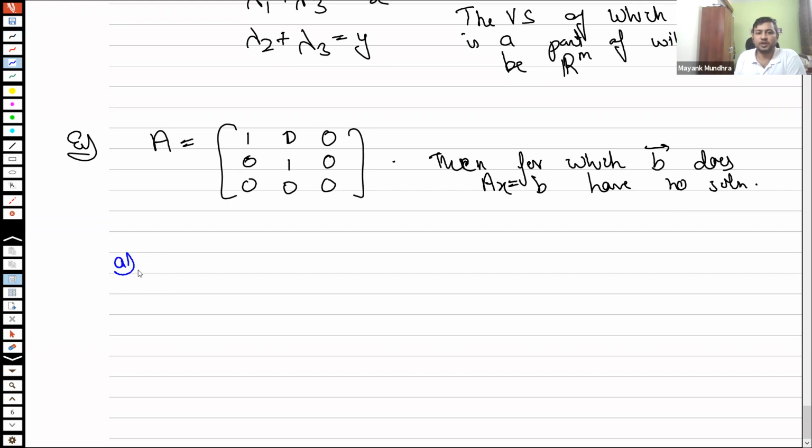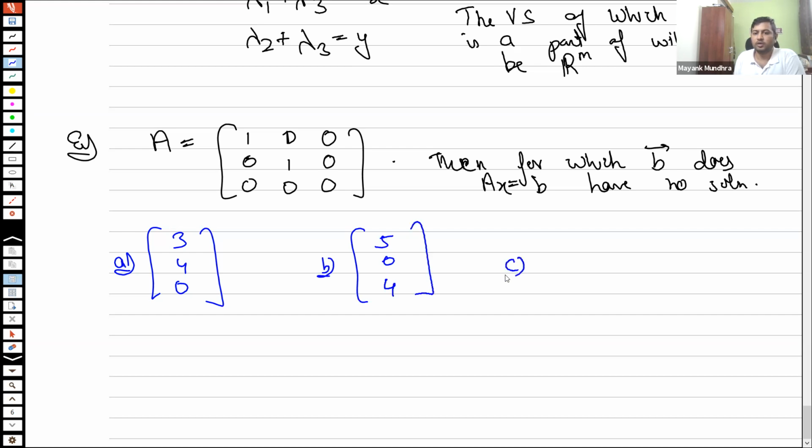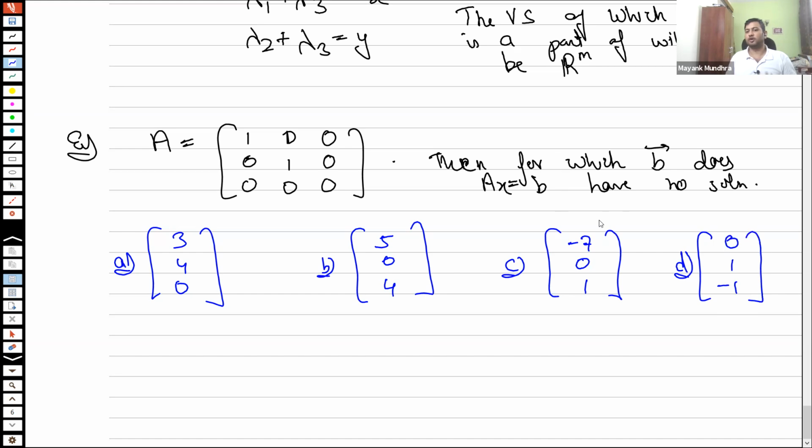Your options are: option A, (3, 4, 0); option B, (5, 0, 4); option C, (-7, 0, 1); and option D, (3, 0, 1, -1). Multiple can be correct. So for which of these options will Ax equal to B have no solution?